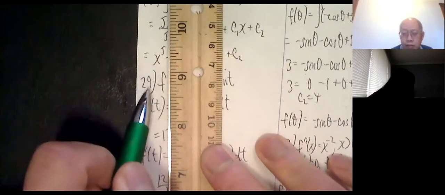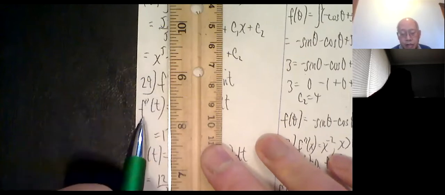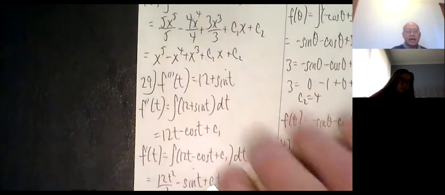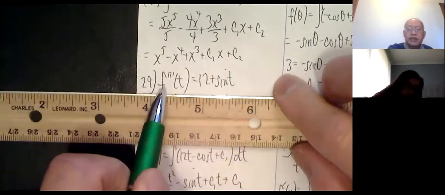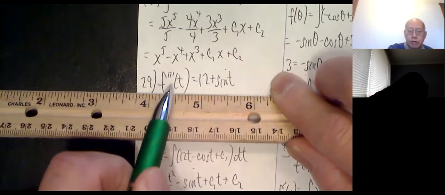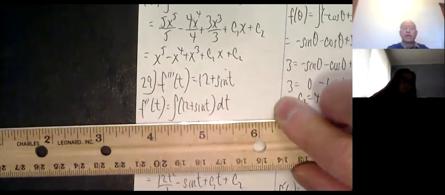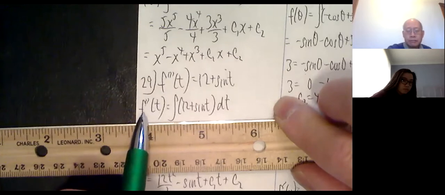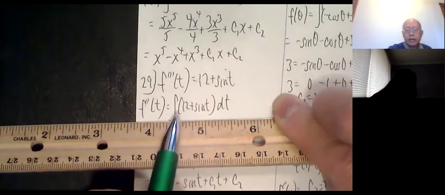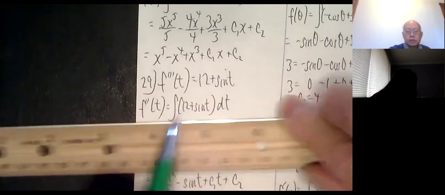We must have taken one derivative and we took another derivative. But not in this case. We're actually taking an antiderivative because we're starting off with the third derivative. So I take the first antiderivative, the first integral, and now I've gone back up one level. I'm up at the double prime level of the elevator, so to speak. Okay, integral of 12, 12t.